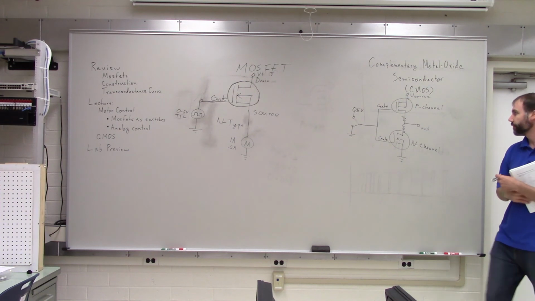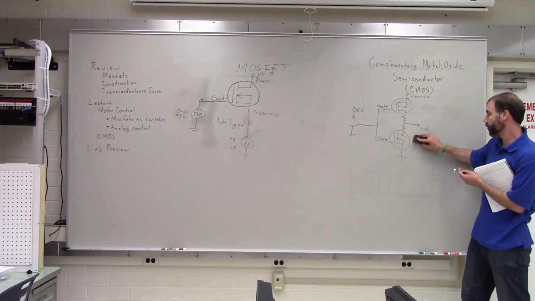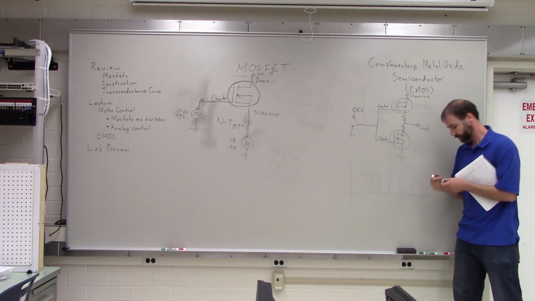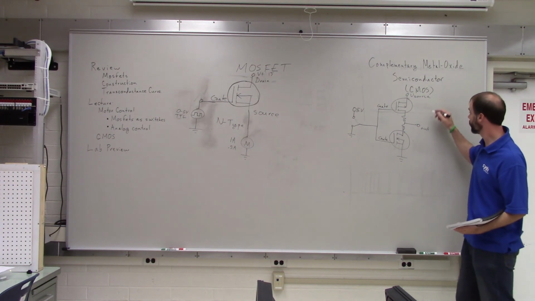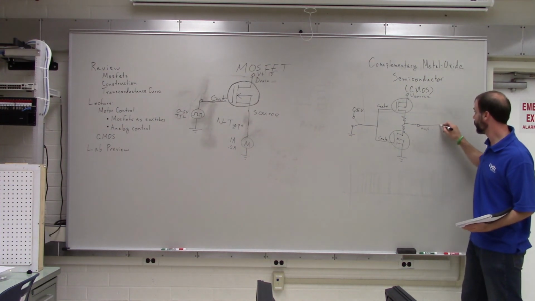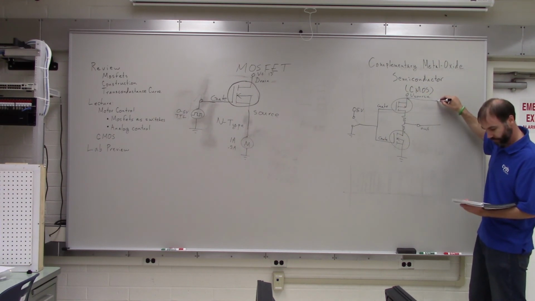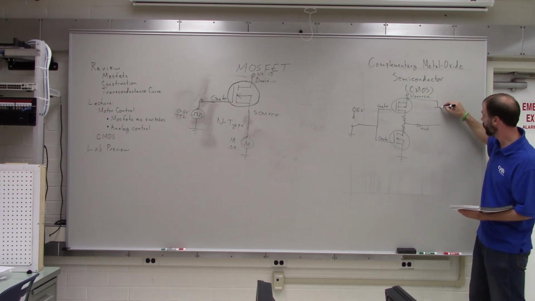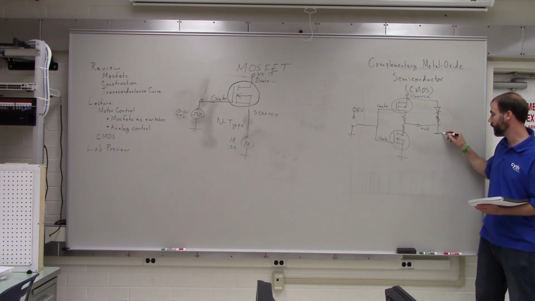On the output, you're going to have two LEDs. So you're going to have a green LED up here with the resistor, and then you're going to have a red LED down here.